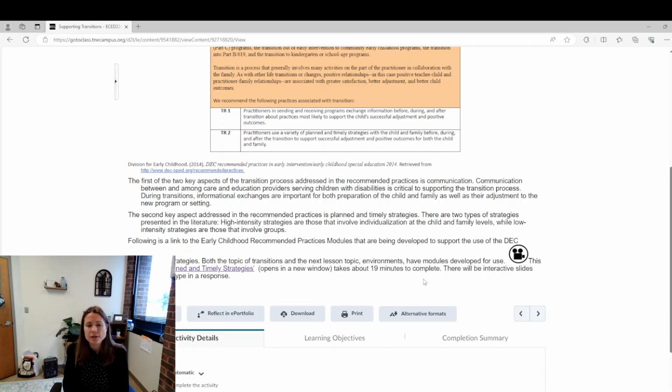Low intensity strategies are those that involve many people, groups. High intensity strategies focus on an individualized plan that supports the child and family levels, okay? When we're talking about low, it's everyone. We also have some recommended strategies that you can use, so make sure you look at that as well.